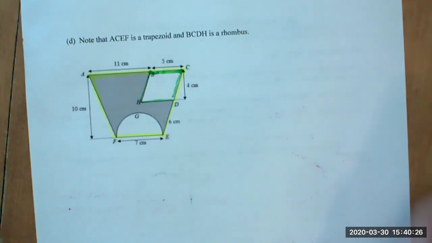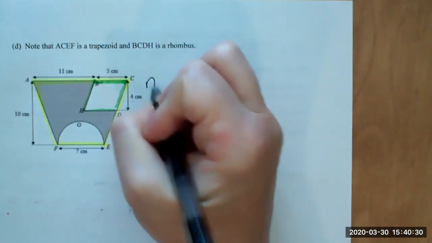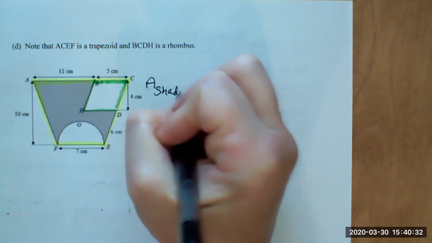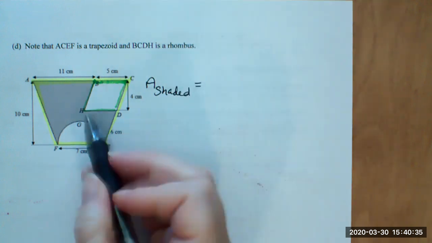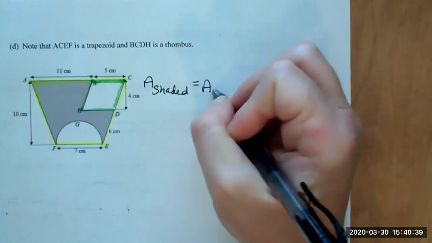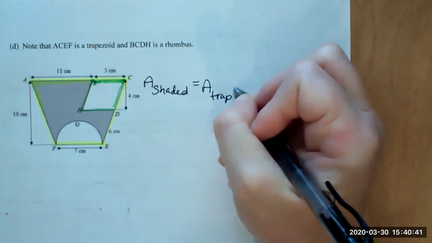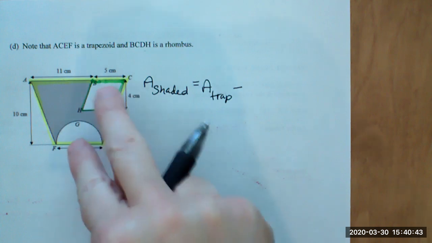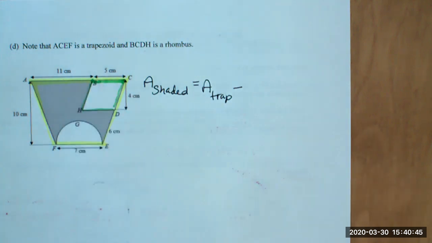Okay, so hopefully you thought about it and paused for a moment. So we're going to say that the area of the shaded is going to equal the area of the trapezoid minus the area of the rhombus and semicircle combined.